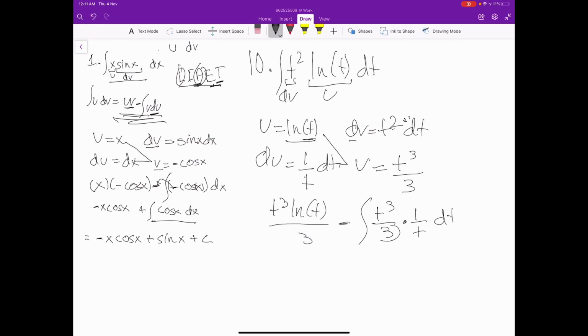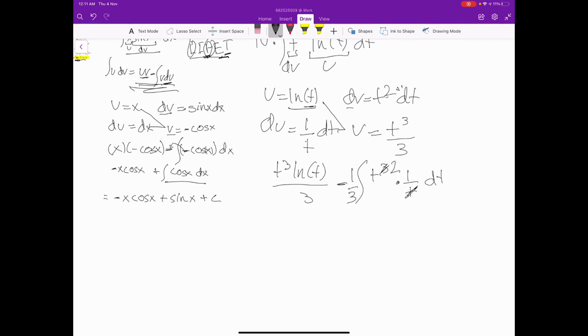I can take this coefficient outside. Now I have t to the power 3 times 1 over t. I can cancel this with this and get t to the power 2. Now it's much simpler. Just like I said before, math is all about simplicity. What's the antiderivative of t to the power 2?